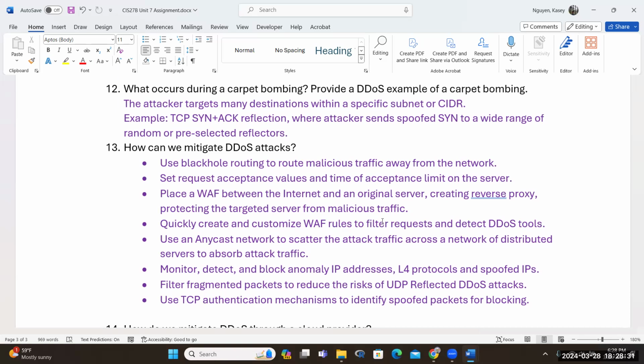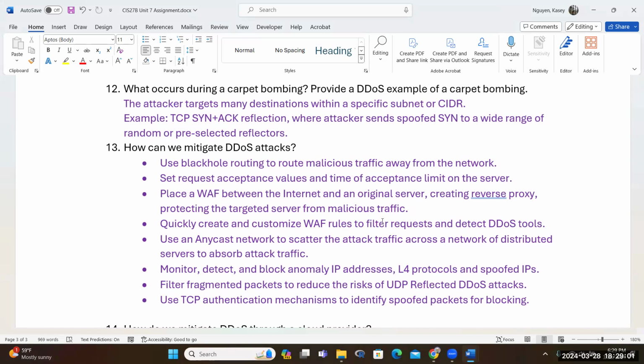And we can create a reverse proxy to protect the targeted server from malicious traffic. As I was telling Jose earlier, we can quickly create and customize web application firewall rules and filter requests as we see denial of service attacks being performed through our monitoring tools.